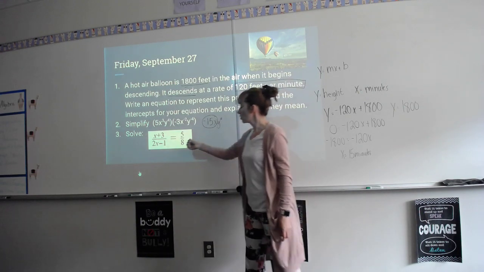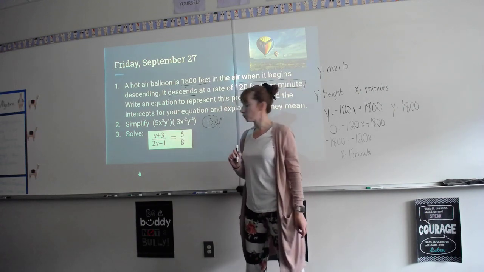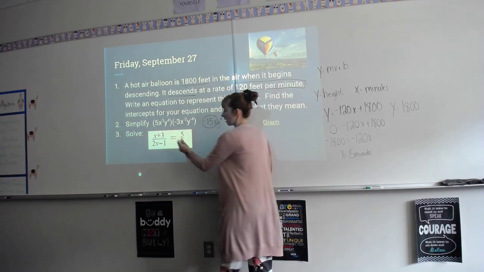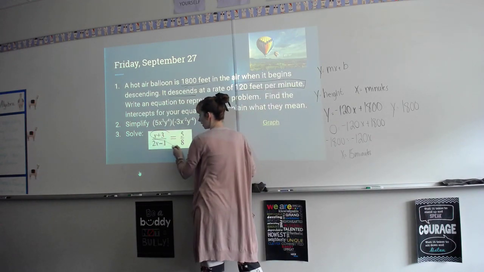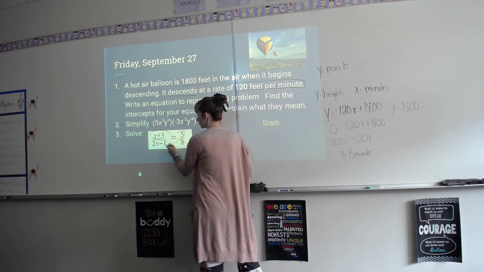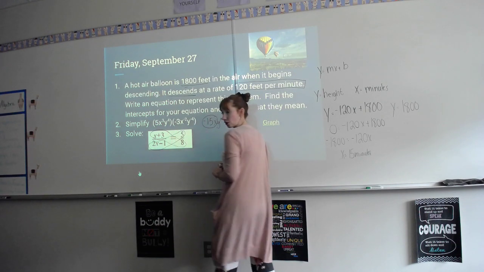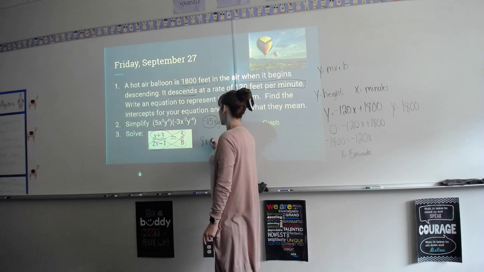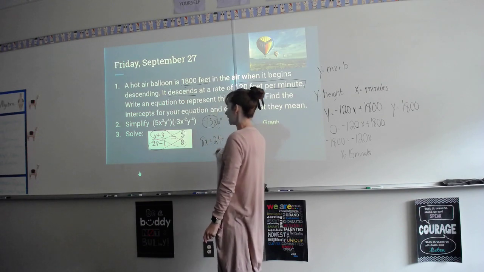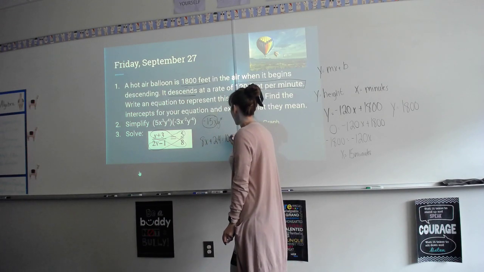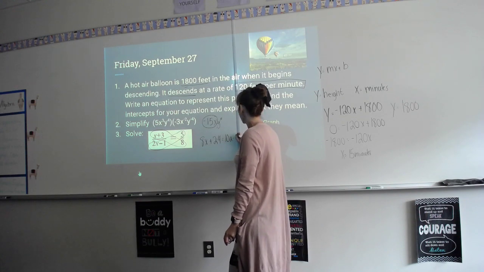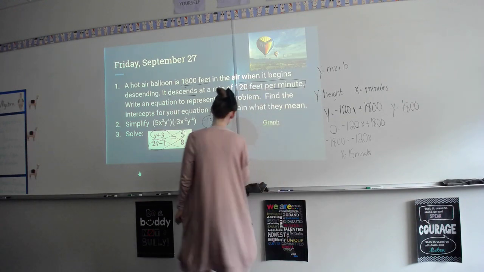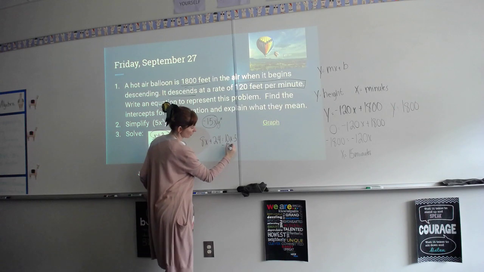And finally, we're solving a proportional equation. And remember, when we have a proportional equation, we cross multiply and then solve it like a regular equation. So I have 8x plus 24 equals 10x minus 5. I'm going to move my 10x over to the other side.